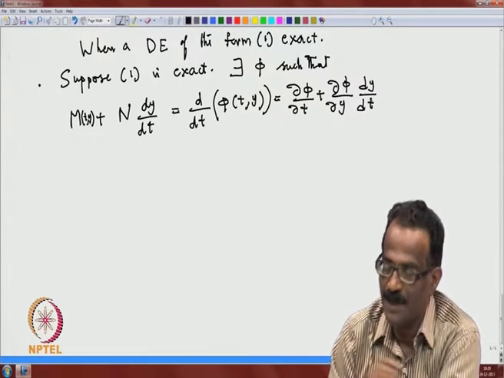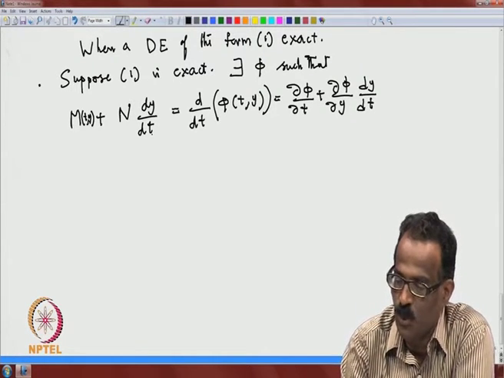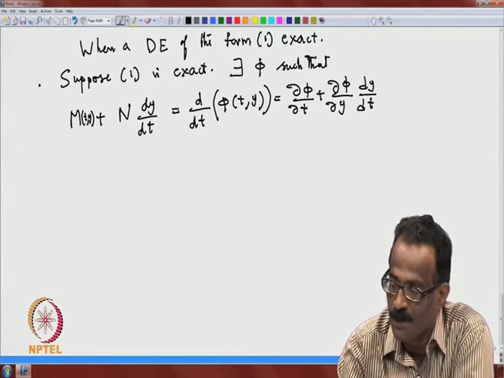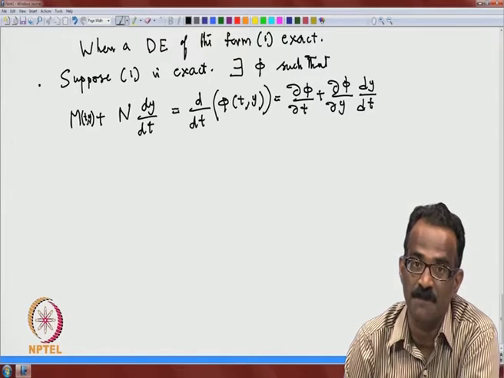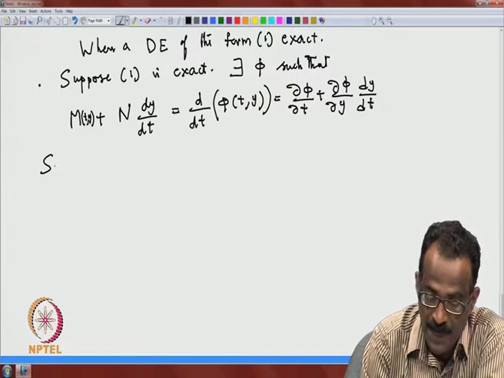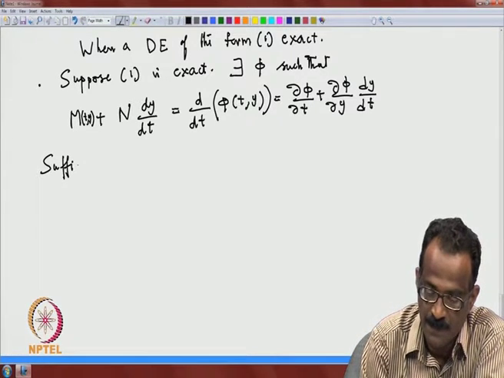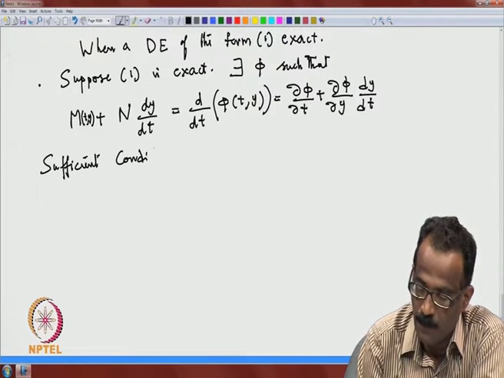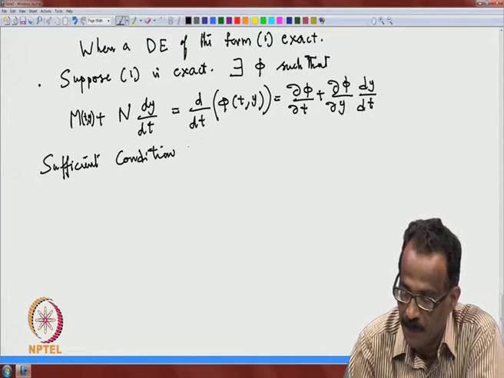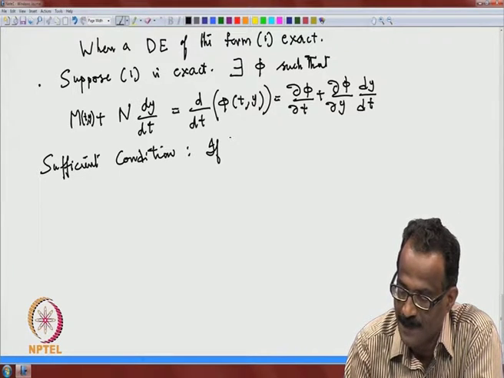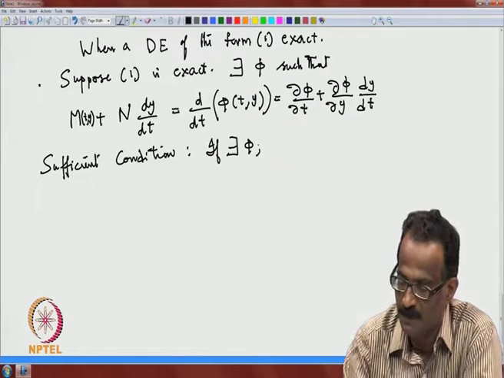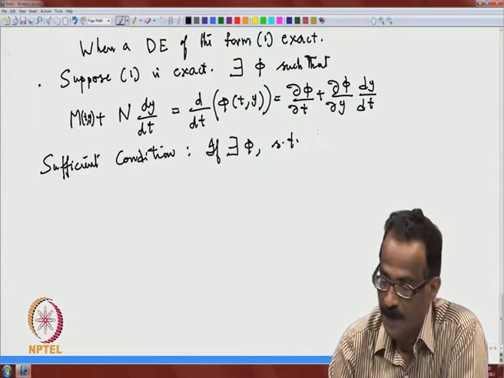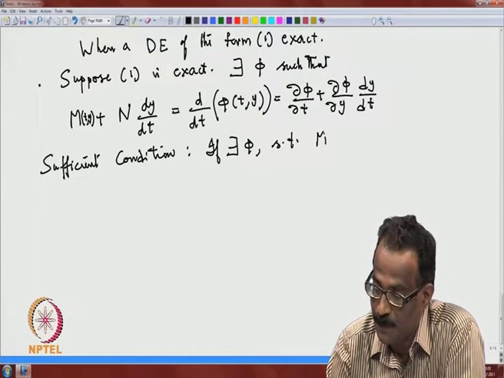From here you cannot immediately conclude that M is equal to d phi by dt, but you will have immediately a sufficient condition. What is a sufficient condition? If there exists phi, smooth, whatever smoothness you require, such that M is equal to d phi by dt.